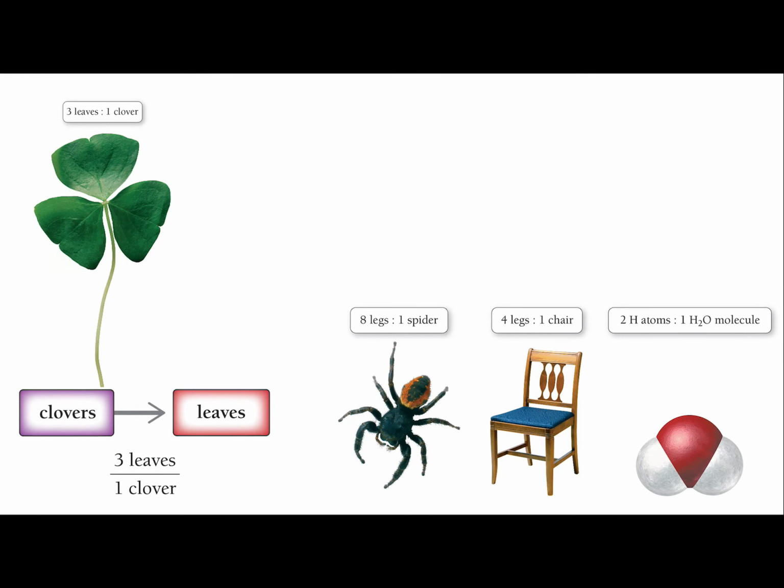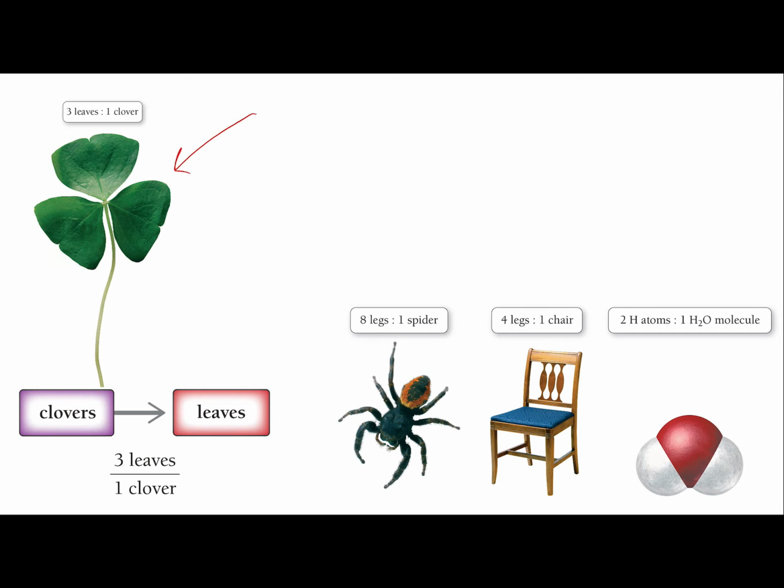We can convert between grams and moles the same way that we convert between moles and atoms. We just need to have a conversion factor. Now, these conversion factors can come from anywhere. We can get them from something like a relationship that we can see. So chemical formulas, for example, are conversion factors.